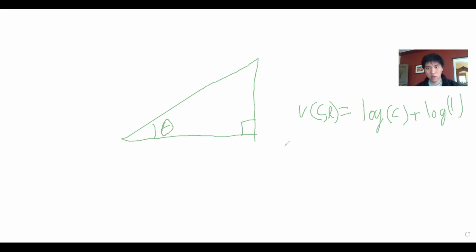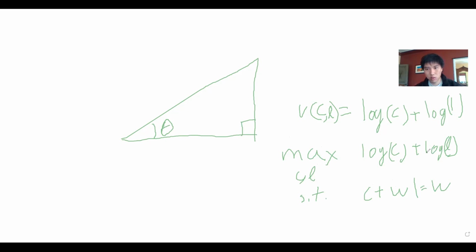And then you can set up a utility maximization problem subject to some constraint, let's say C plus wL equals W. And then if I decide that, oh, I actually want more space, so maybe I'll erase this old geometry material we're working on so we can make some space for this optimization problem.